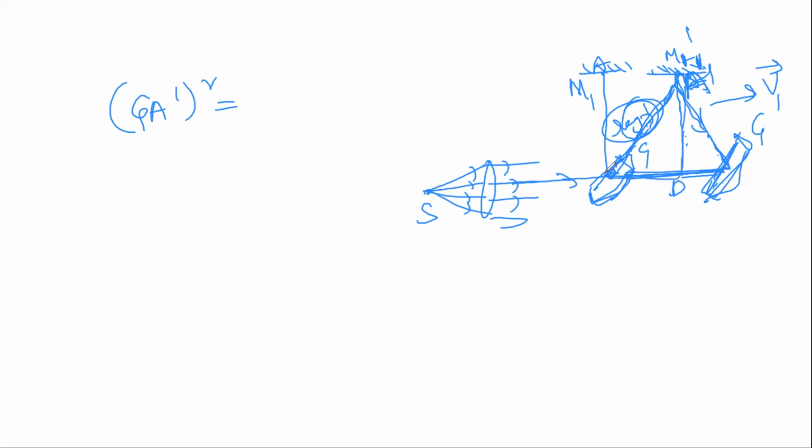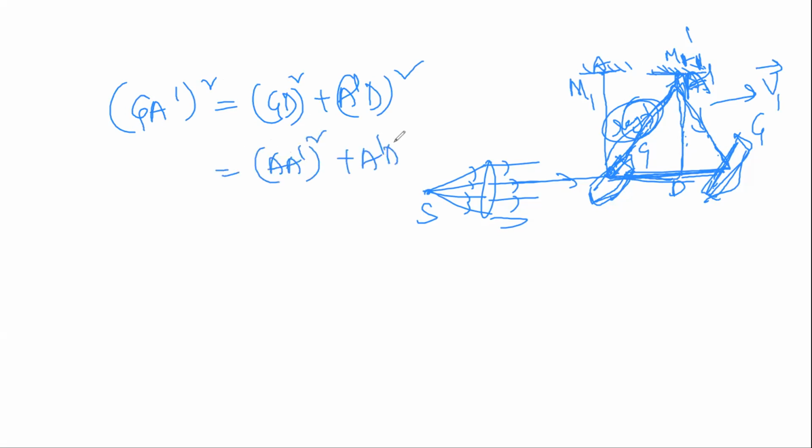from this triangle. G A dash whole square is equal to hypotenuse square, which is GD whole square plus A dash D whole square. What is GD? It is G A dash, right? Okay.